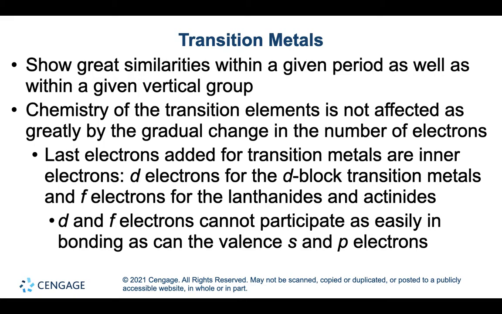The f block is actually 2 layers down from the valence shell. And since d and f electrons cannot participate as easily in bonding, and they cancel the effect of the extra protons you're adding to the nucleus as you go left to right, then the valence s and p electrons are fairly stable in their characteristics.